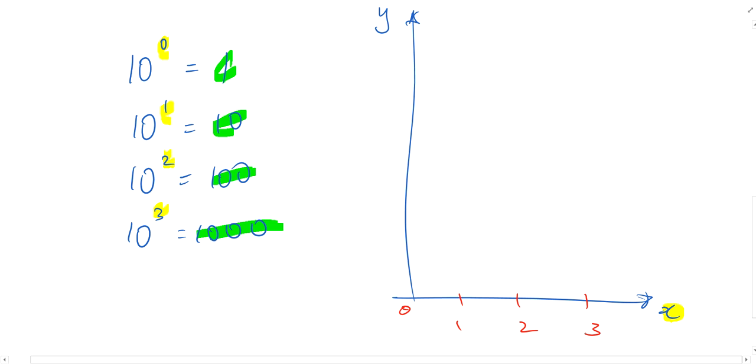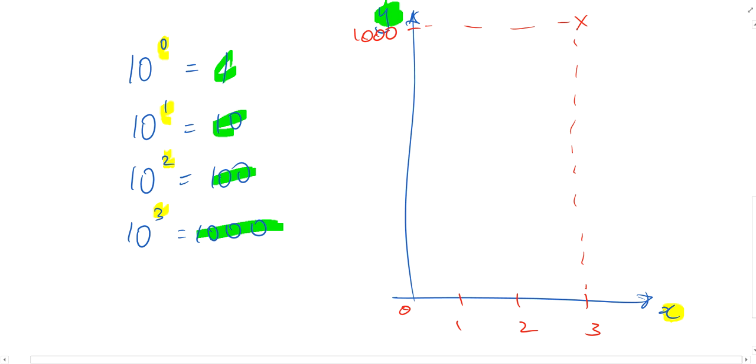Now I want to plot my y values. Green color, isn't it? Okay. Am I going to face a problem? Where is 1000? Let's put it at the top, because I only have this amount of space. So let this be 1000. So I know that when x equals 3, y equals 1000. Okay, what next?